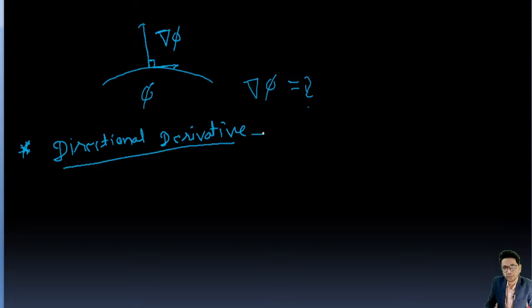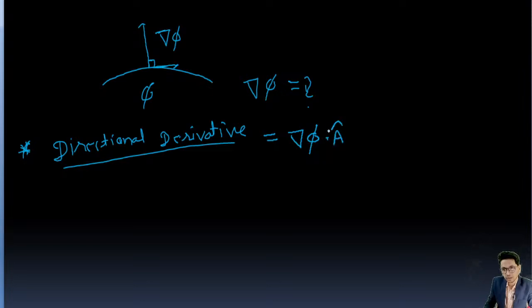So the directional derivative along a vector is going to be gradient of phi dot a cap.